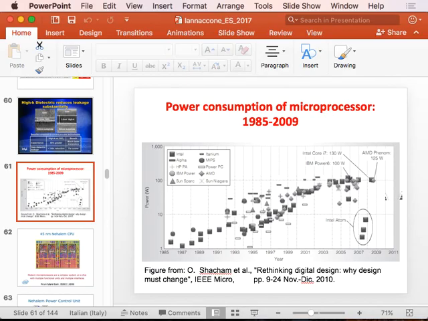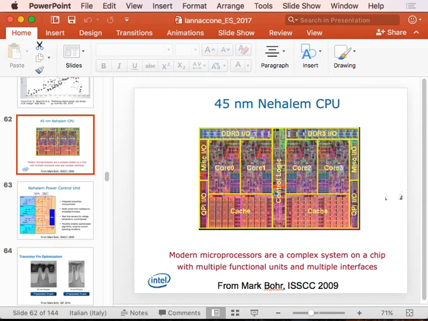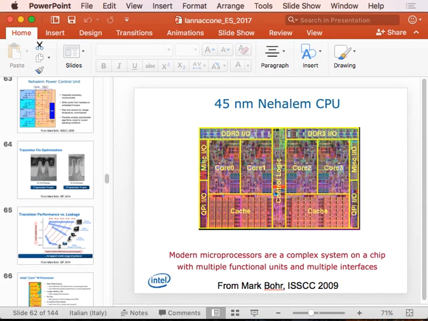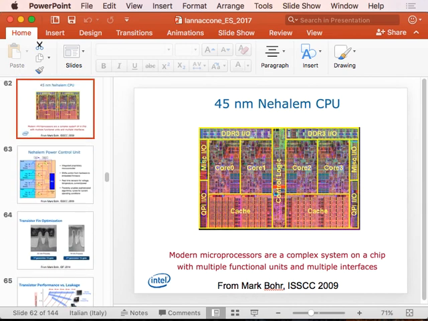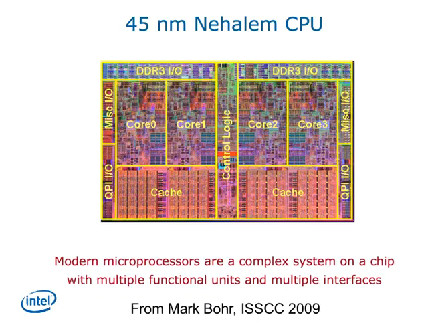So the last, and of course this is a very simple example, but I think it's useful to close this lecture. This is a new Intel processor for data centers, and of course this is a 4-core.